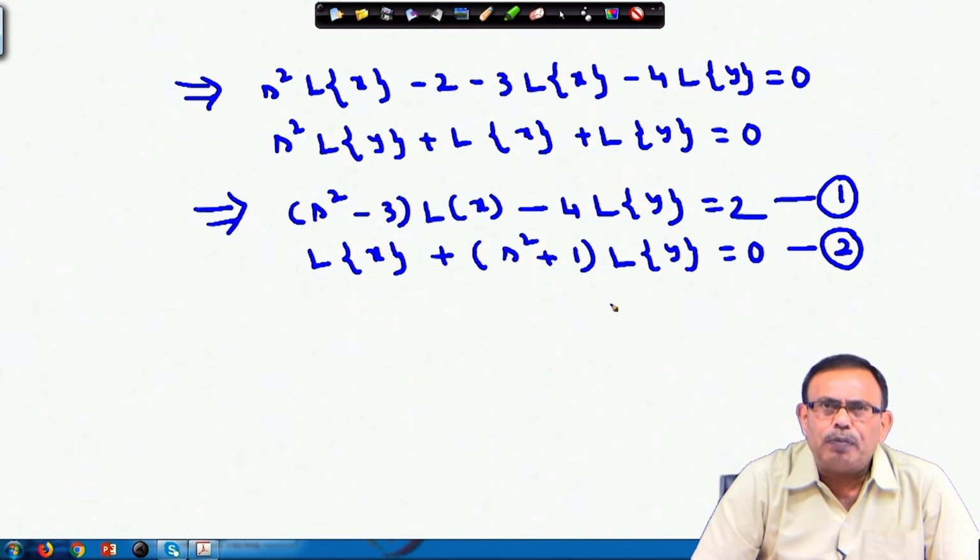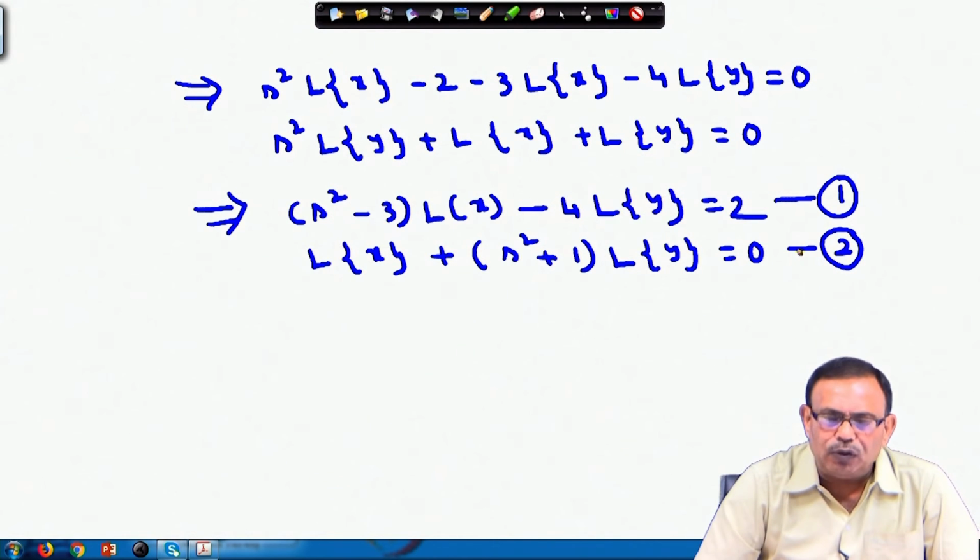So, by solving these two simultaneous algebraic equations, very easily I can find out what is the Laplace transform of x and what is the Laplace transform of y, in terms of the function of s.